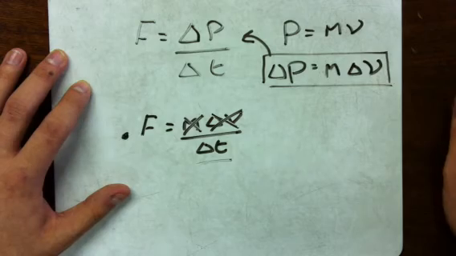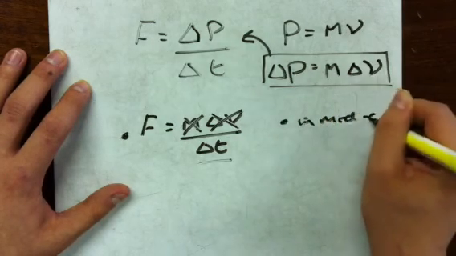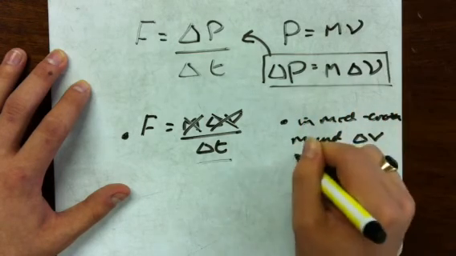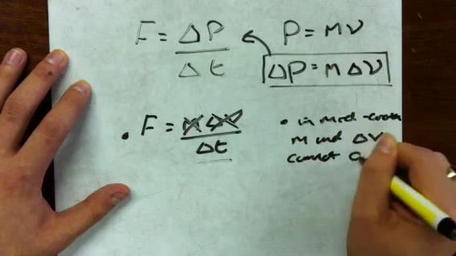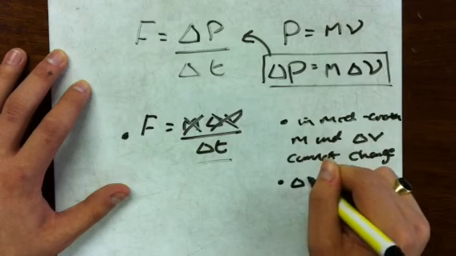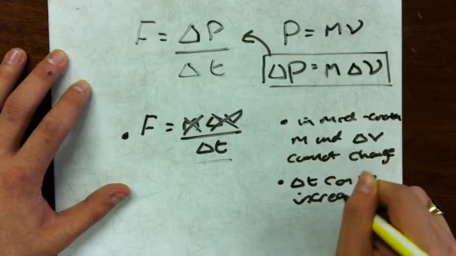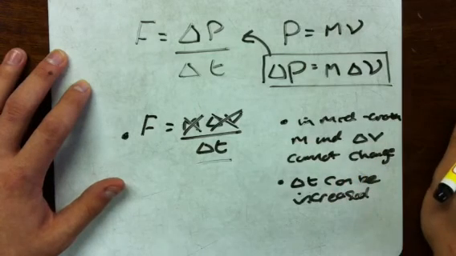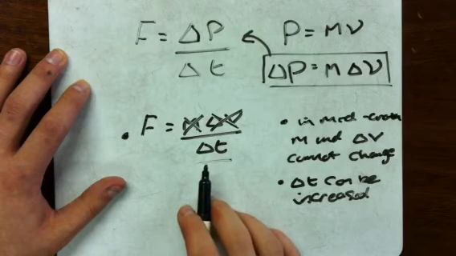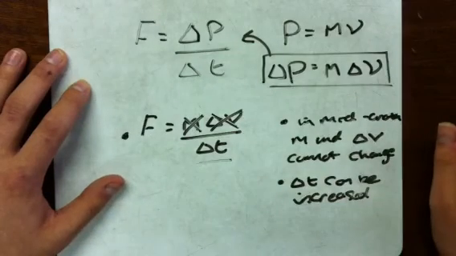So that leads us to our second mark, that in mid-crash, m and delta v cannot change. And then your third mark, delta t can be increased. Now, the fourth part is the relation. What would increasing the time taken, as in the time taken for the momentum to change, do to the force?